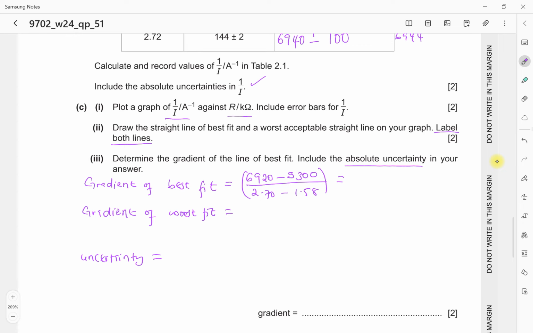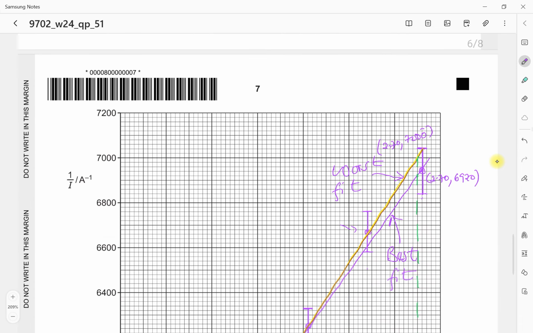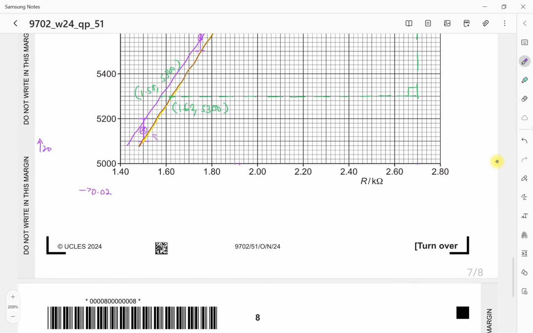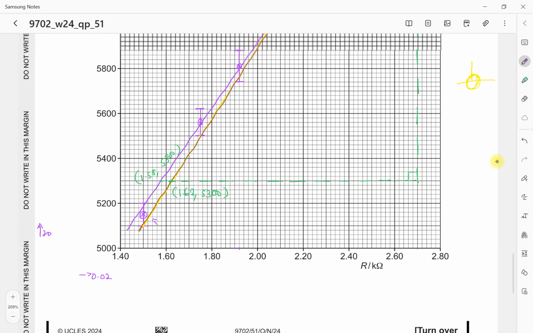For the worst fit, we had values such as 7,000 minus 5,300, divided by 2.70 minus 1.62. I don't think there are powers of 10 here. This is of course kilo. My answer will be in kilo.